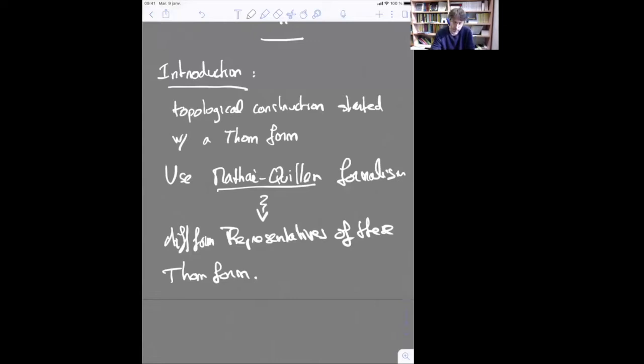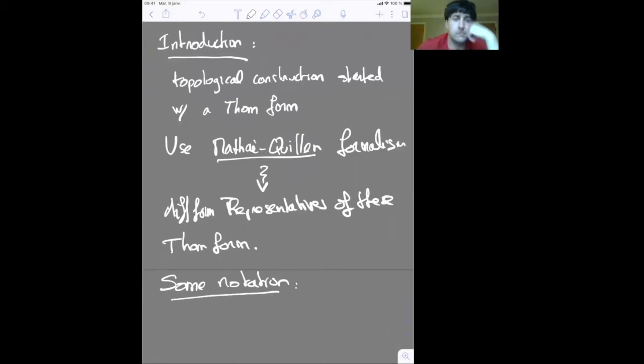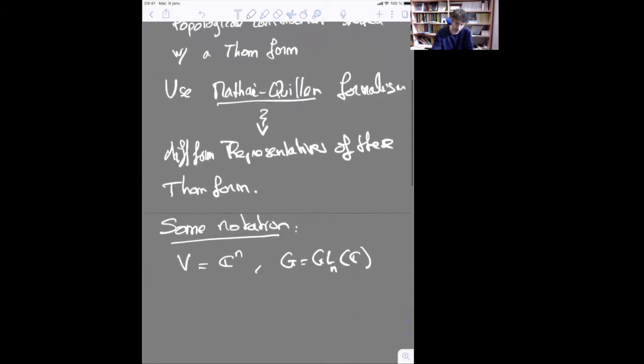So to do that, let's take some notation that I will follow today. In the whole lecture, V will be C^n, and G will be the linear group GL_n(C) acting on C^n, and K will be the unitary group U(n).